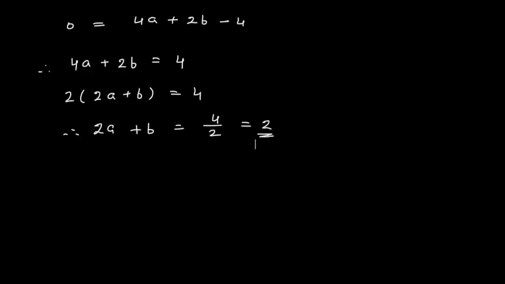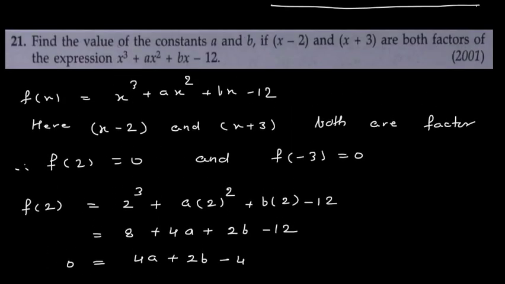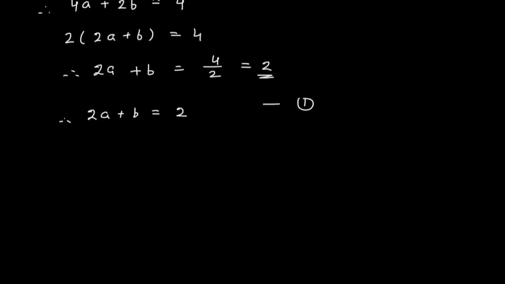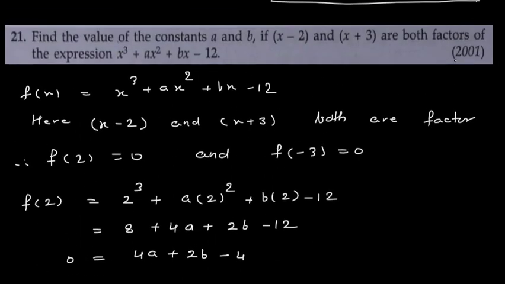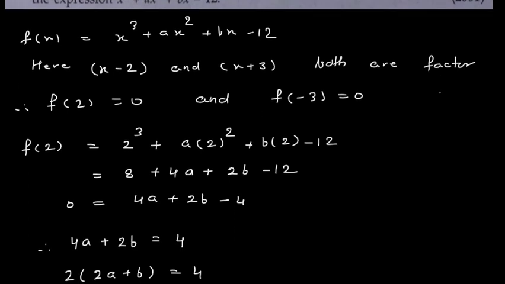Now next, x plus 3 is also a factor. So x plus 3, that is f of minus 3, is equal to 0, what we have said, that f of minus 3 is also 0. So f of minus 3 is nothing but minus 3 cube.